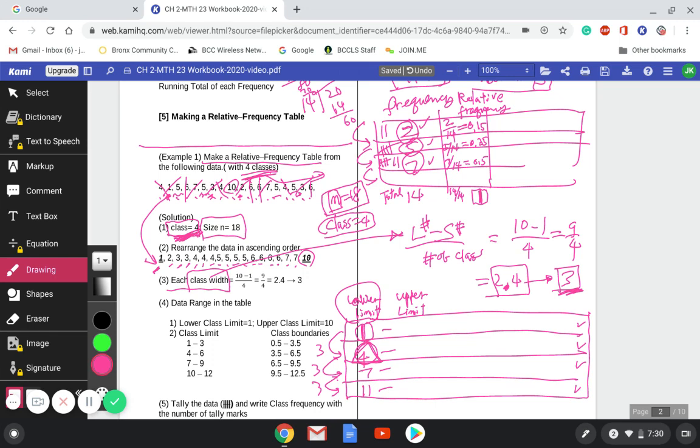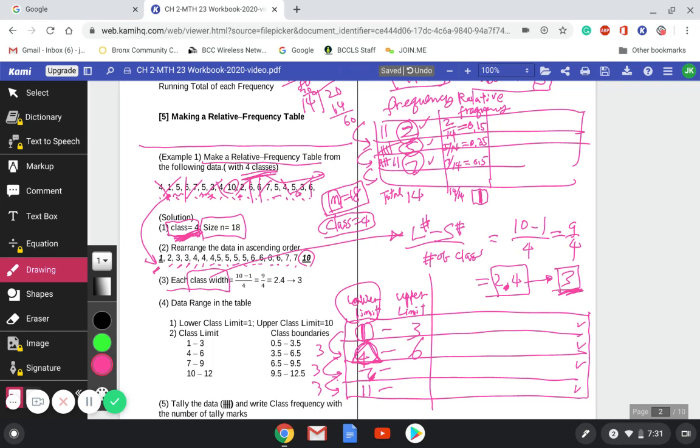Okay, and then upper limit is usually 1 lesser than low limit of next class. So what is 1 lesser than 4? So upper limit becomes 3. Okay, and then how do they find the upper limit of second class? 1 lesser than low limit of third class. So what is 7 minus 1, 6.